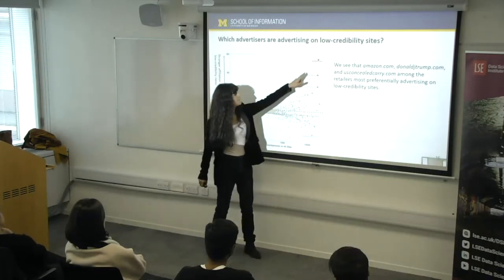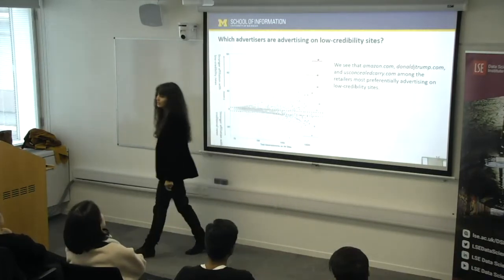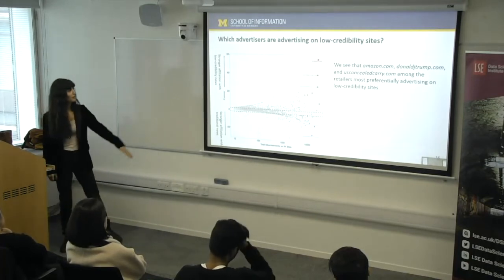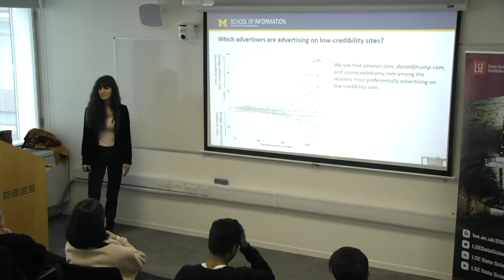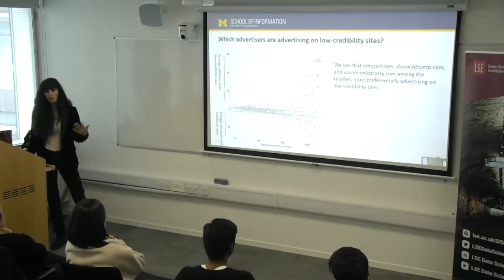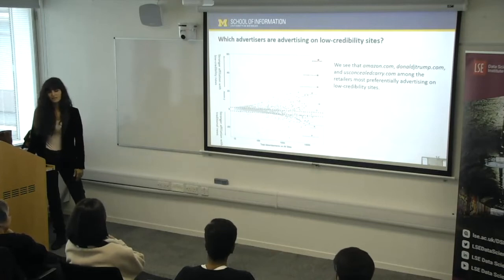But we also see Amazon.com, a really big brand, that is seen a lot more on these suspicious, dubious domains, right? So our goal is that, again, these kinds of accountability measures can get these retailers in line.